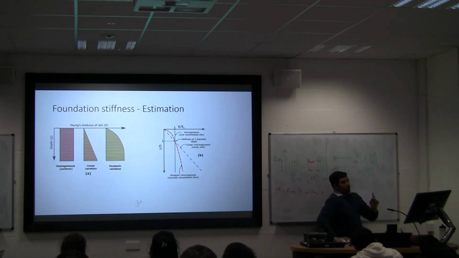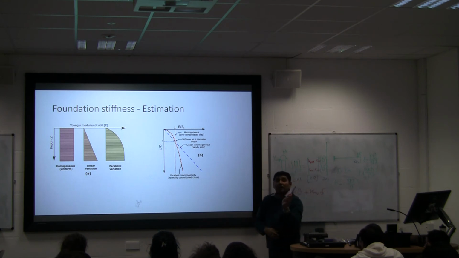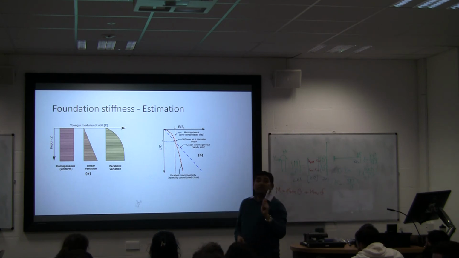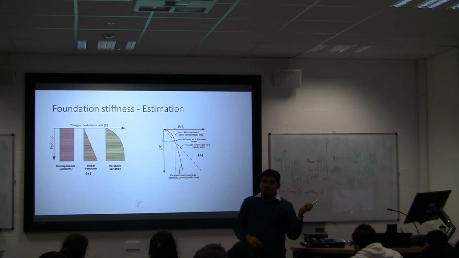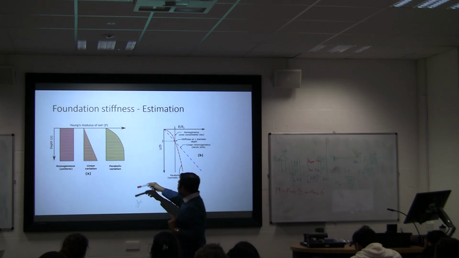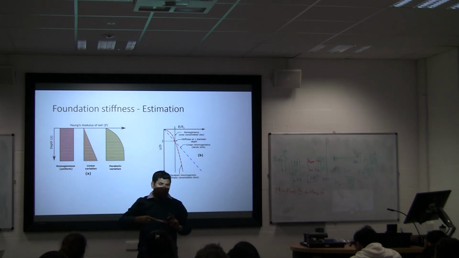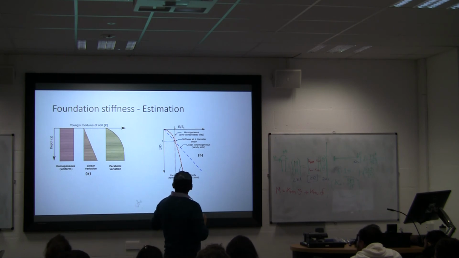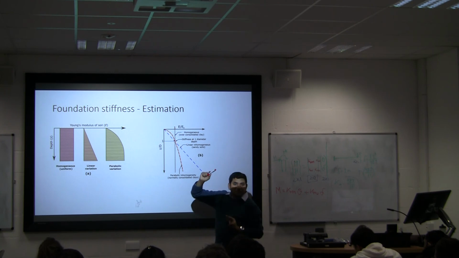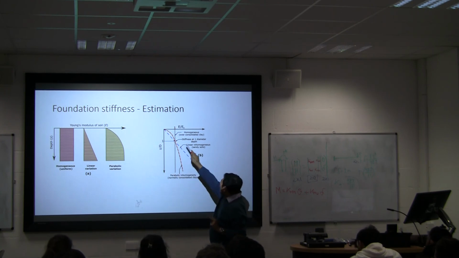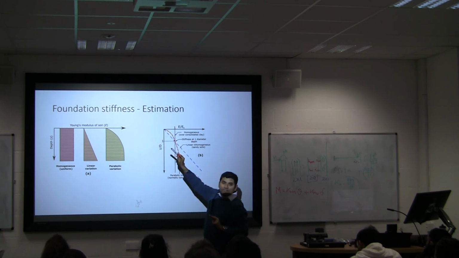Now, to apply this formulation in the Eurocode way, you need two things. One is the variation. You choose a particular variation, and then you need to know the ground stiffness at one diameter below.